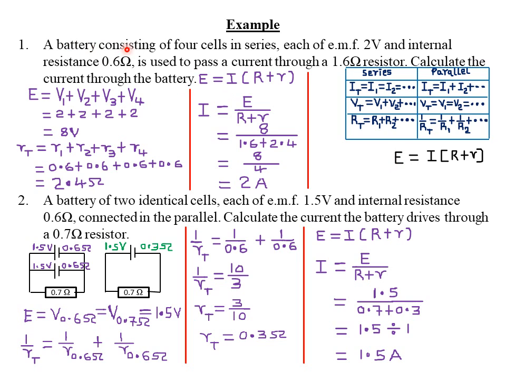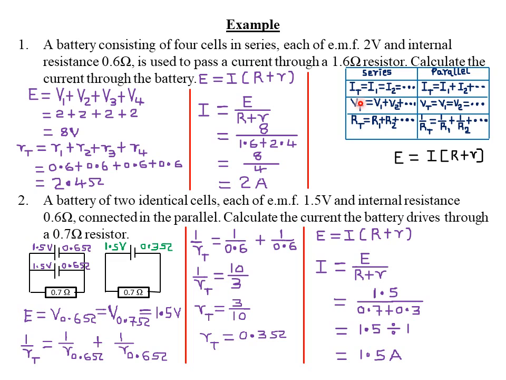We are told that a battery consisting of 4 cells in series, each of EMF 2 volts. Because they are connected in series, and we know that for any series connection, V total must be equal to V1 plus V2 plus V3, depending on the number of cells constituting that battery.